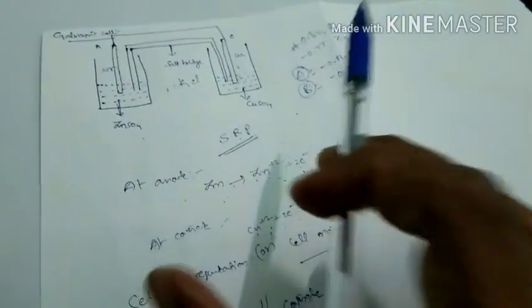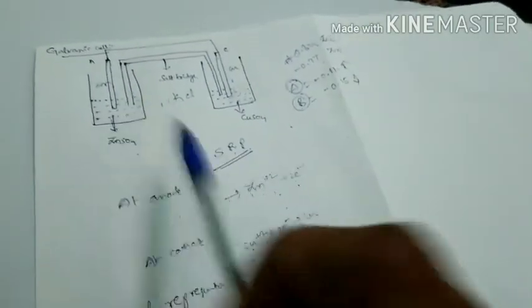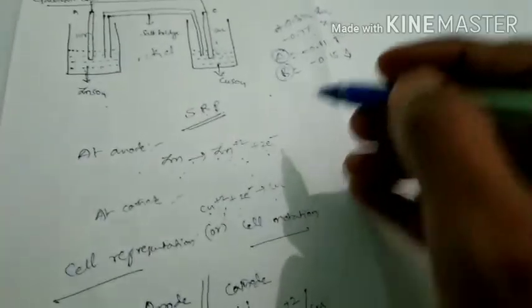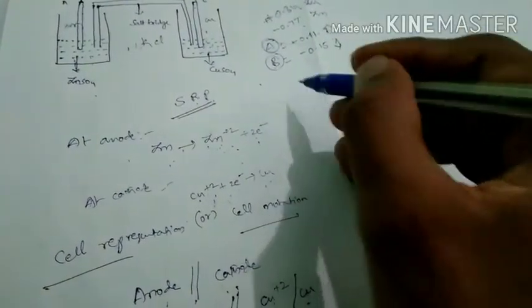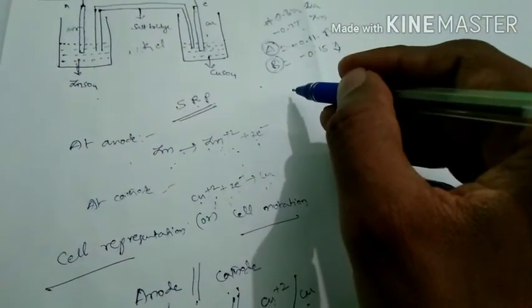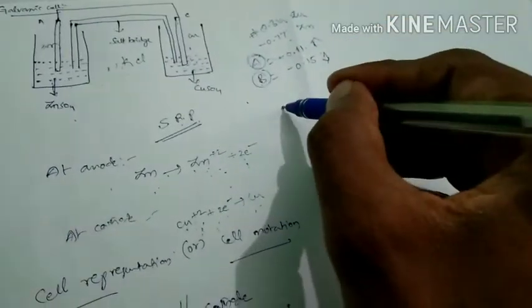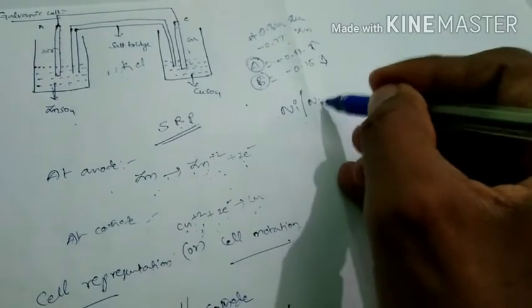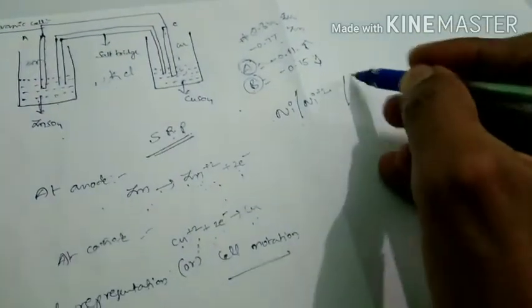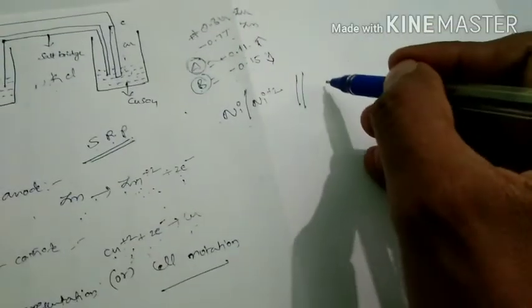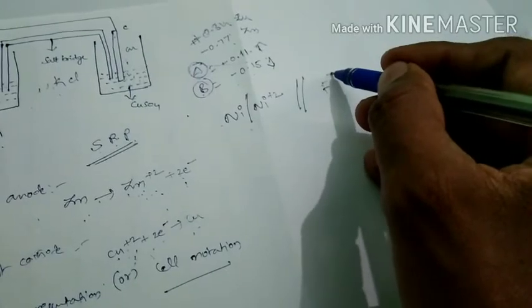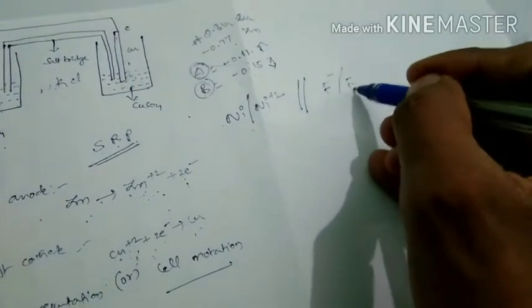So these are very, very important points regarding the galvanic cell, and there are some more points. For example, two metals are given like this: Ni/Ni plus 2 double slash F minus/F2.